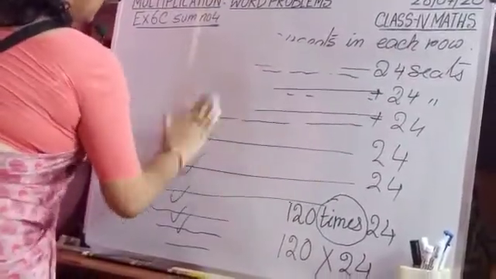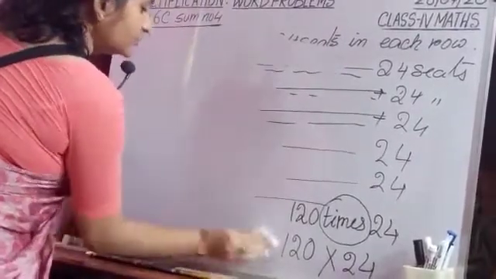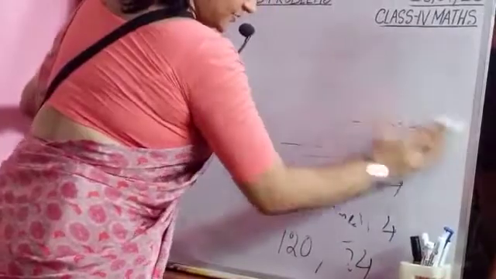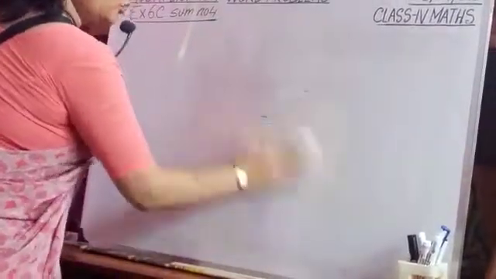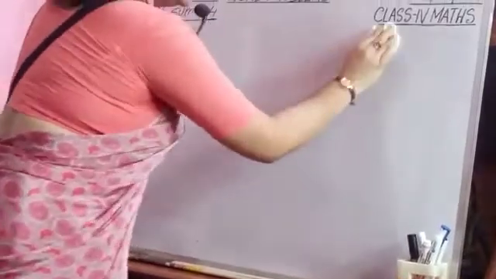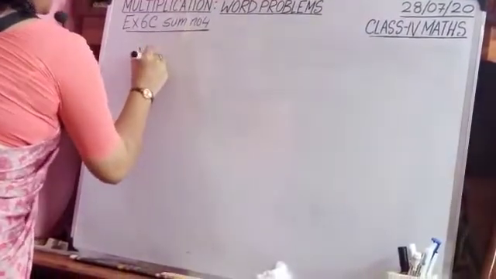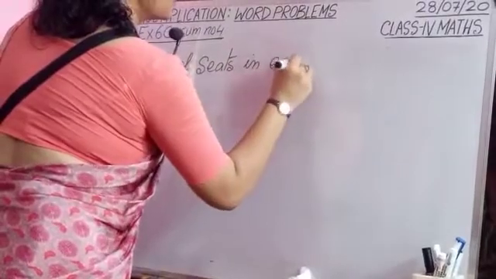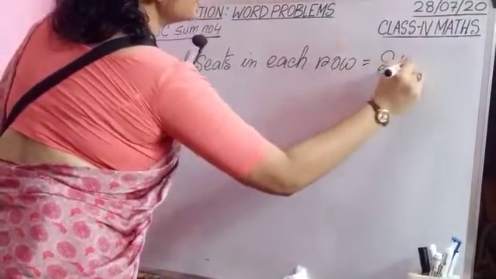Now, one of the most important things for solving your word problems is that, children, you have to write a proper statement, right? Because statements carry marks. So, with proper statement, now let us do the sum. Number of seats in each row is 24.